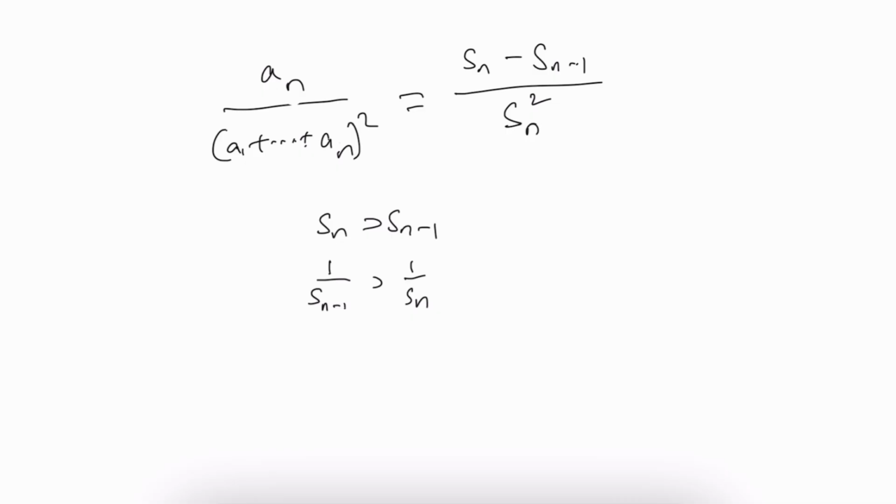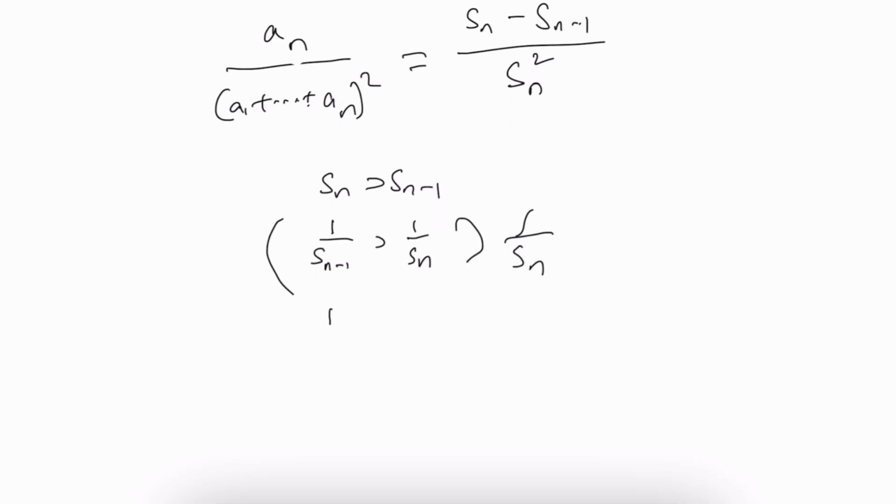And so we also have that, multiplying by 1 over s sub n on both sides, 1 over s sub n minus 1 times 1 over s sub n is greater than 1 over s sub n squared.